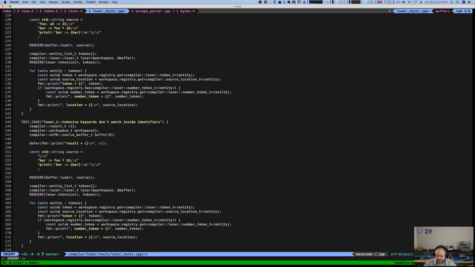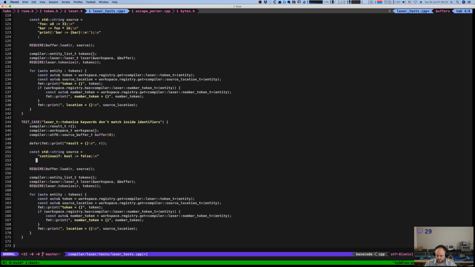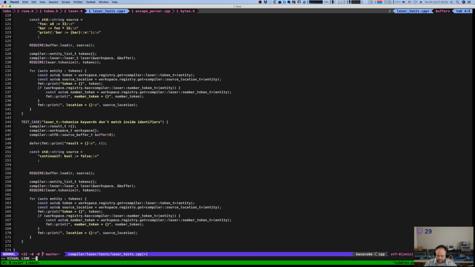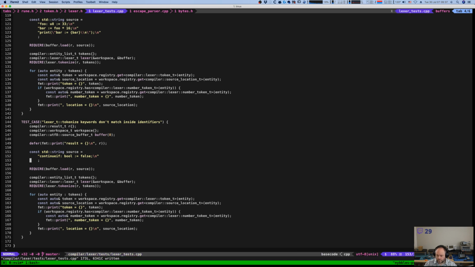So Phil's example was continue if bool equal false. And then we also had 1, 2, 3 my var, that should be an error actually, so we'll do that separately here.